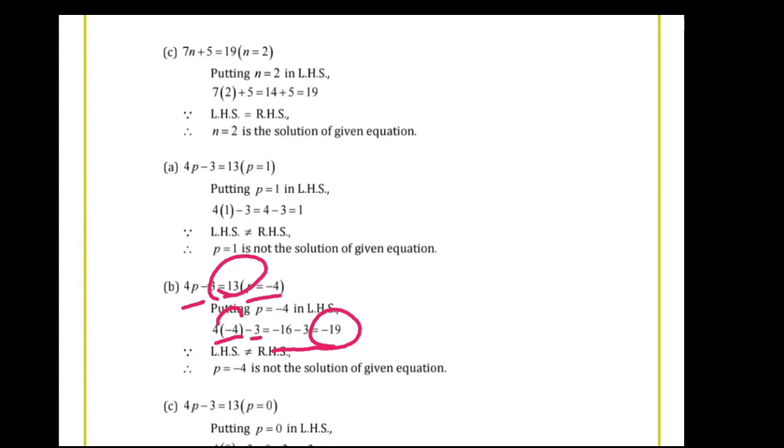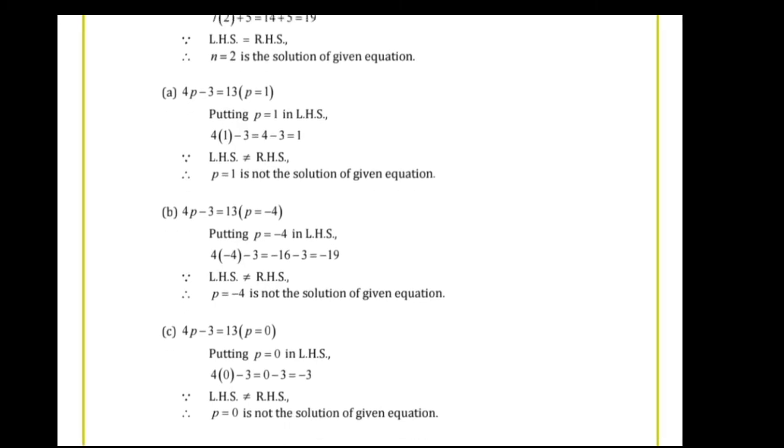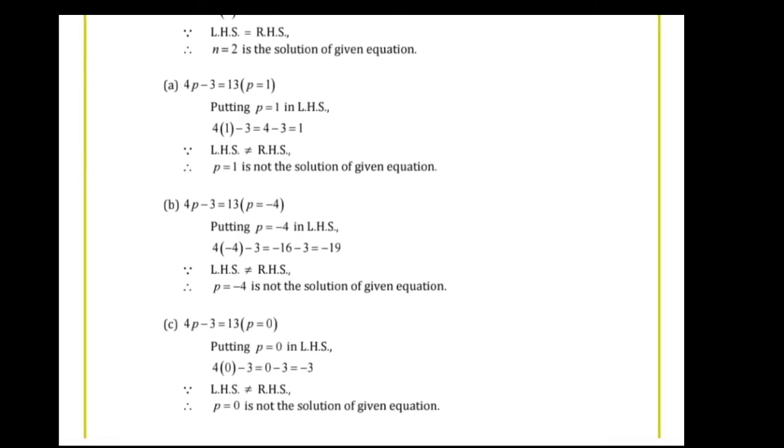So 13 and minus 19 are not equal. So we can say that LHS not equals RHS. The value we get in the LHS is minus 19. So we can say that the value of p equals minus 4 is not a solution of the given equation.